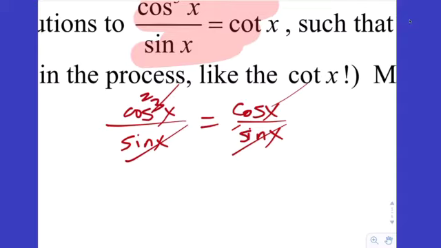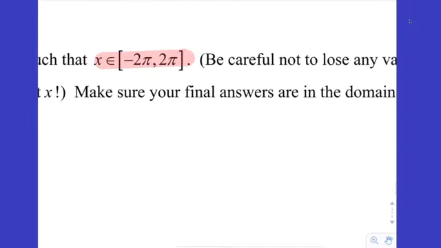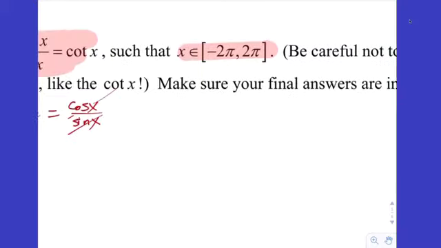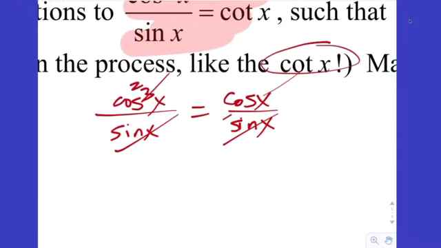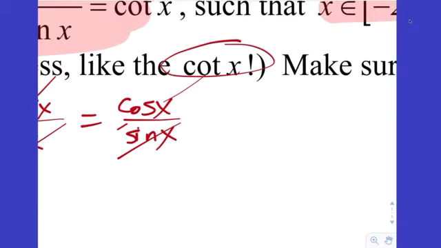In other words, a cotangent divides out from both sides. Do we want to do that? Be careful not to lose any information like a cotangent. Uh-oh. That's exactly what they were warning us against. Why do we not want to lose a cotangent of x from the equation?